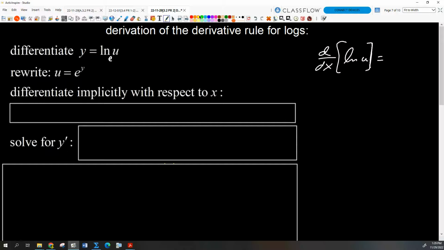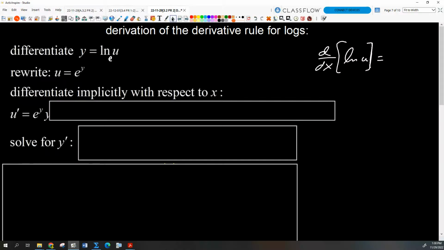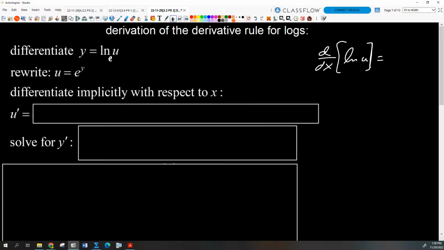If I differentiate with respect to x, on the left side, du dx is just u prime, right? So I get u prime, and then the derivative of e to the y with respect to x, what's that going to be? What's the derivative of e to the y?